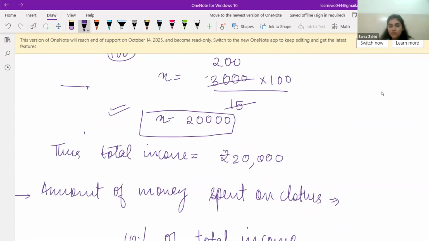Okay. So children, just start solving it. Solve the entire question.